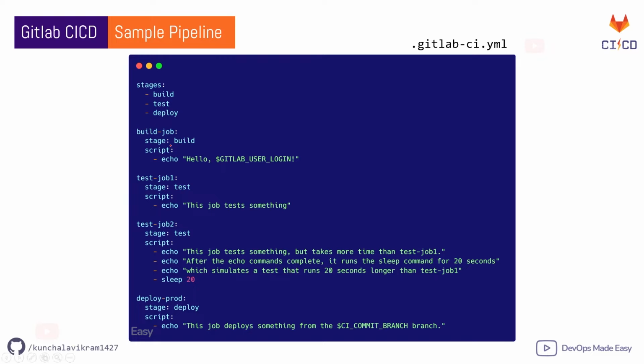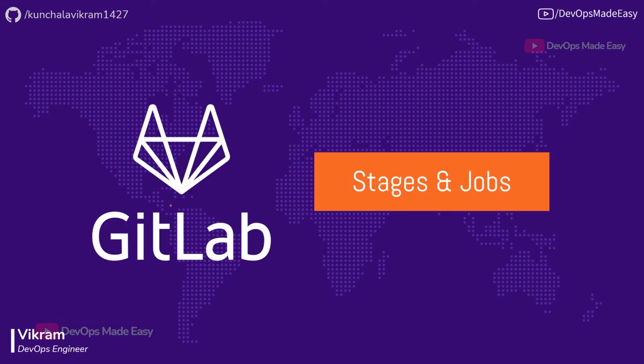Script is similar to steps in Jenkins pipelines, where this script block will have all the commands that should be executed for that particular job. Similarly, we have the test job that is echoing some information, and there is also another job which is also executing something. So this is a basic CI/CD pipeline where we have stages and individual jobs that belong to a stage.